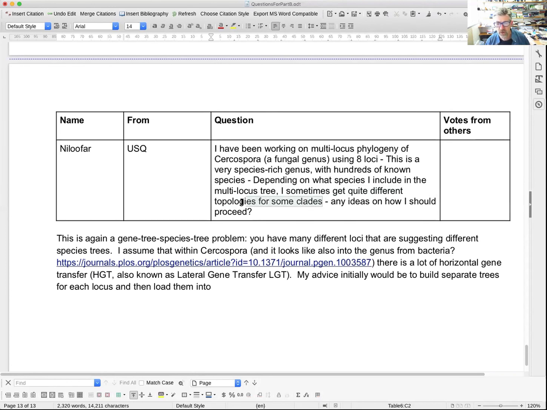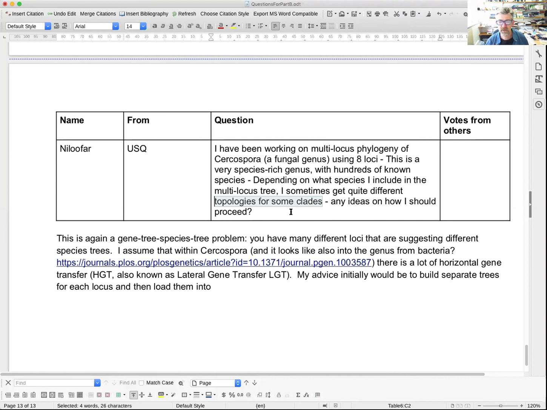At that point, you can ask me offline as well, if you'd like to. You can have a look at what the differences are across those clades. Maybe if they're statistically significantly different trees for those clades, maybe you've got some HGT going on.